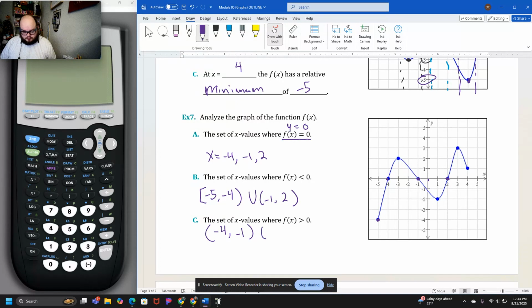There we are. And we're going to union that with 2, 2, 4. Okay? So that's how we would read through those.